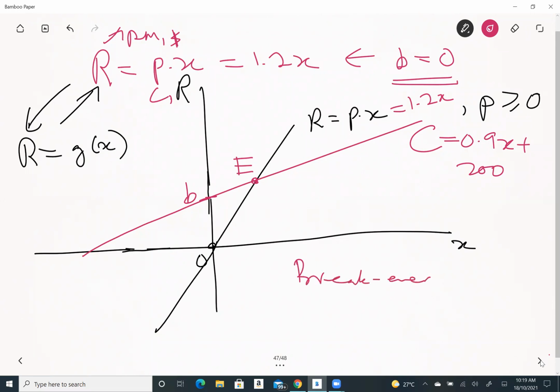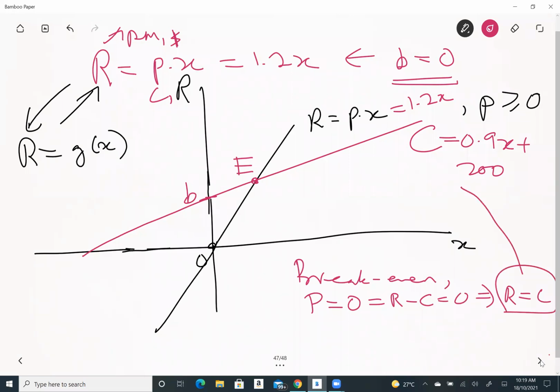What is our condition for break even? Profit equal to 0, which is R minus C equal to 0, or R equal to C. So R equal to C is that diagram. You have the revenue function, you have the cost function, R equal to C. So the equilibrium occurs, break even, where? At profit equal to 0.